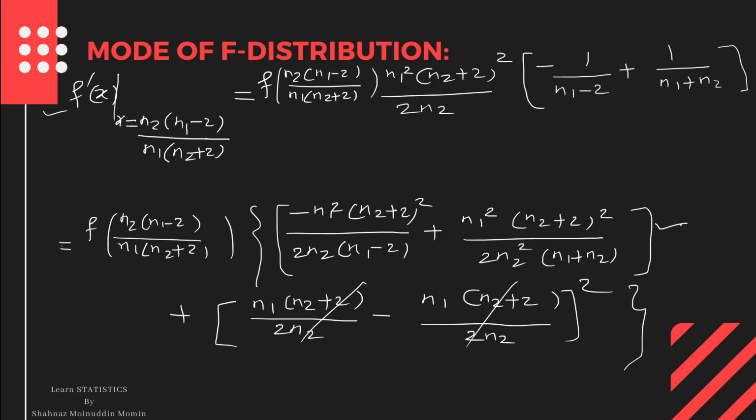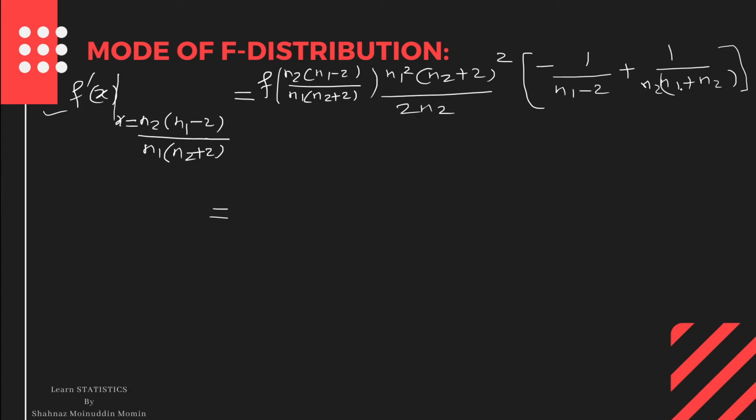I have kept this step in order to write this new step for our convenience. I have taken n1 square into (n2 plus 2) square divided by 2n2. So we are left with minus 1 by (n1 minus 2) plus, these are taken outside. So here 1 n2 is remaining, n2 into (n1 plus n2).